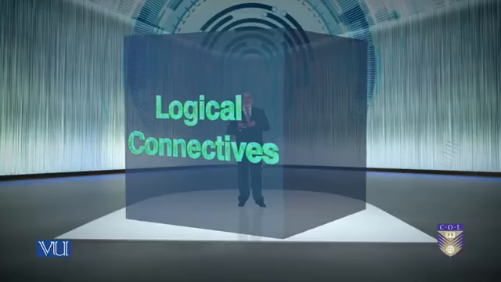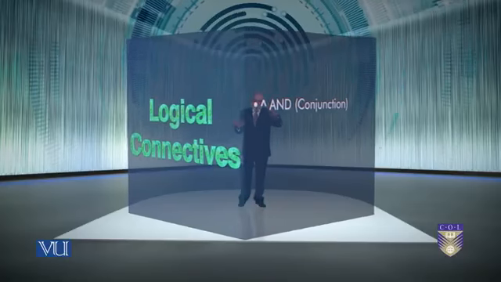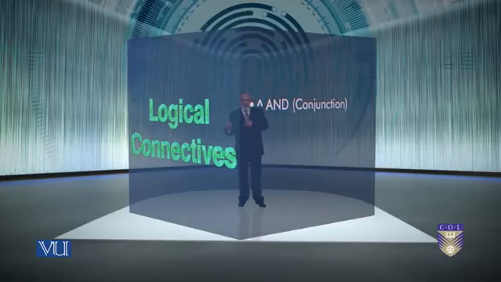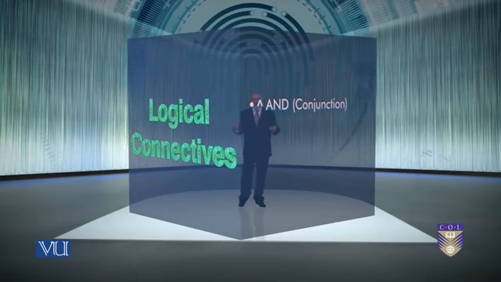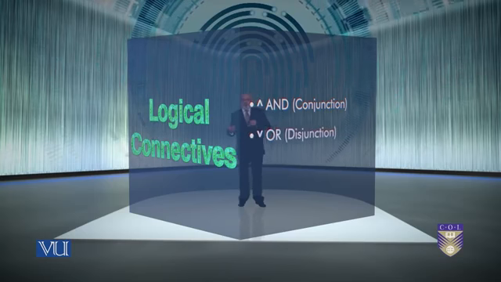For instance, we can create compound statements by logically connecting those propositions. The most common connective between two propositions is an AND situation, okay? P and Q. Another common one is an OR situation where you say P or Q, okay?